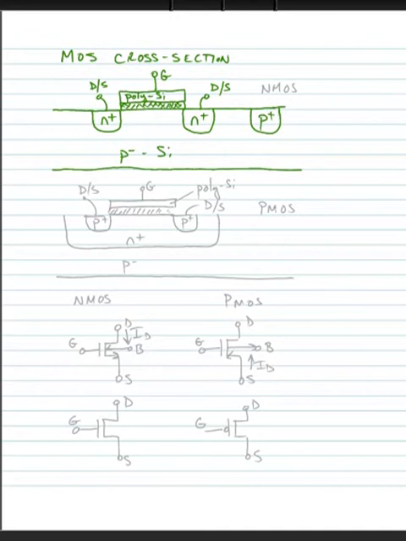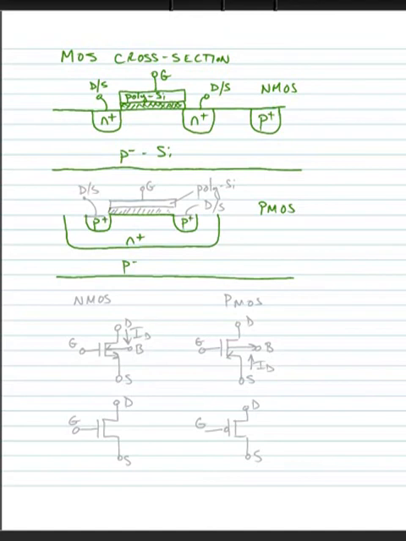This is an NMOS device. A PMOS device looks almost the same, except that in a CMOS process we would start with a P- material. We would implant an N+ region, and in this implanted N+ region we would implant a P+ channel.